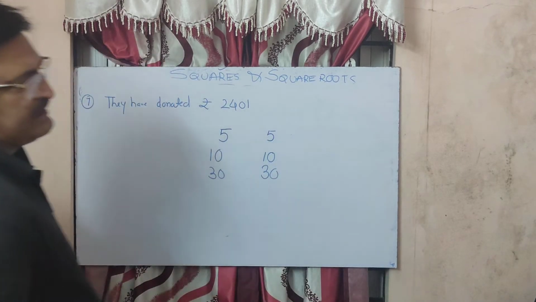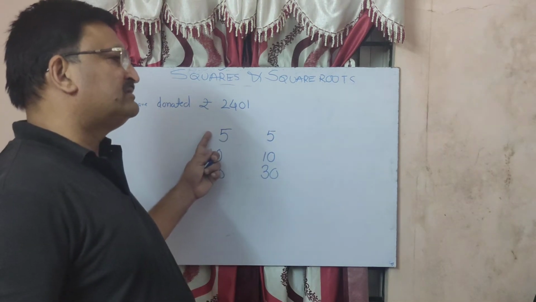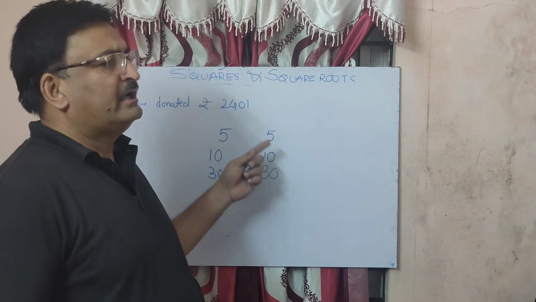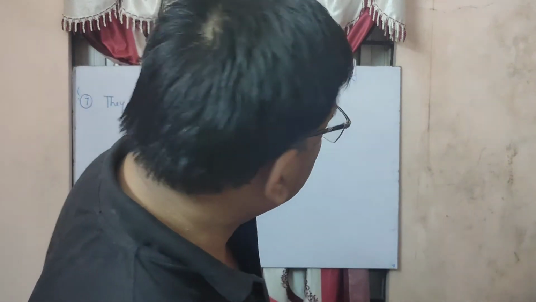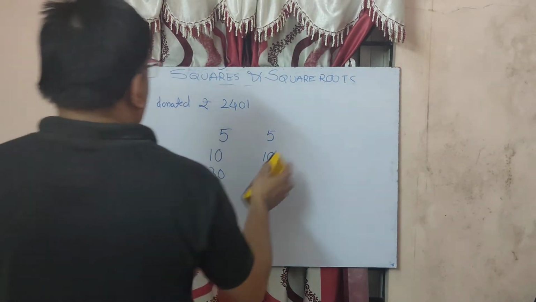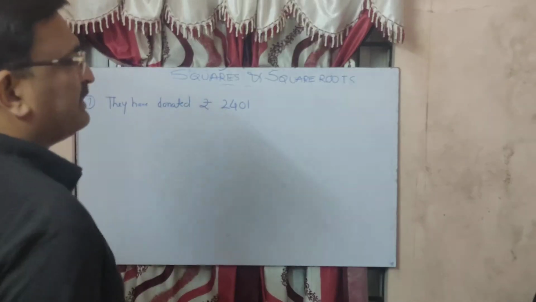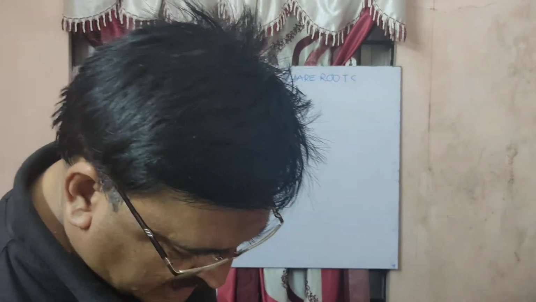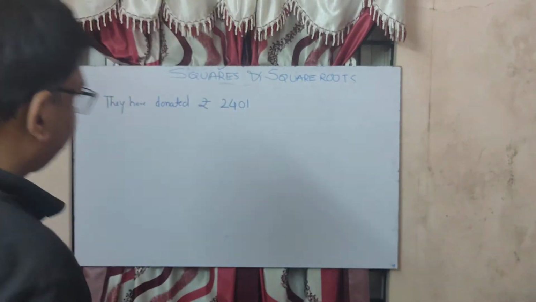This is what they have said. The same amount has been paid by each student. So you need to find out how many students are there in the class, and how much money they have paid.